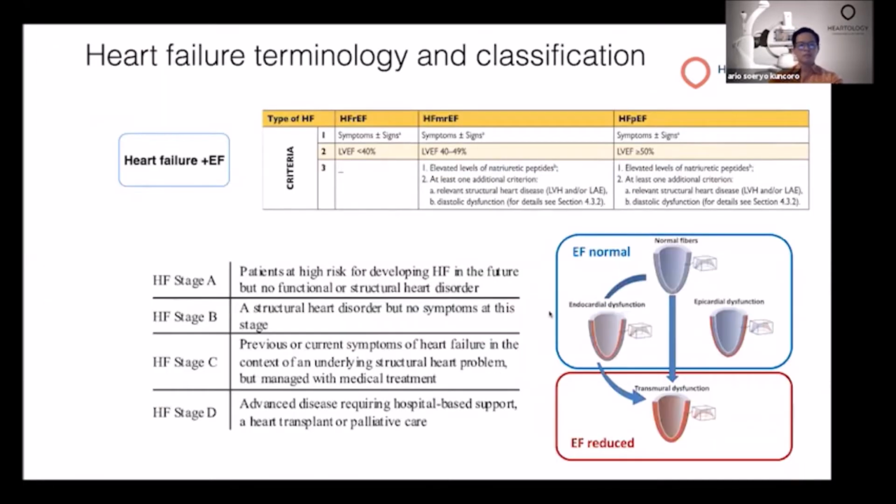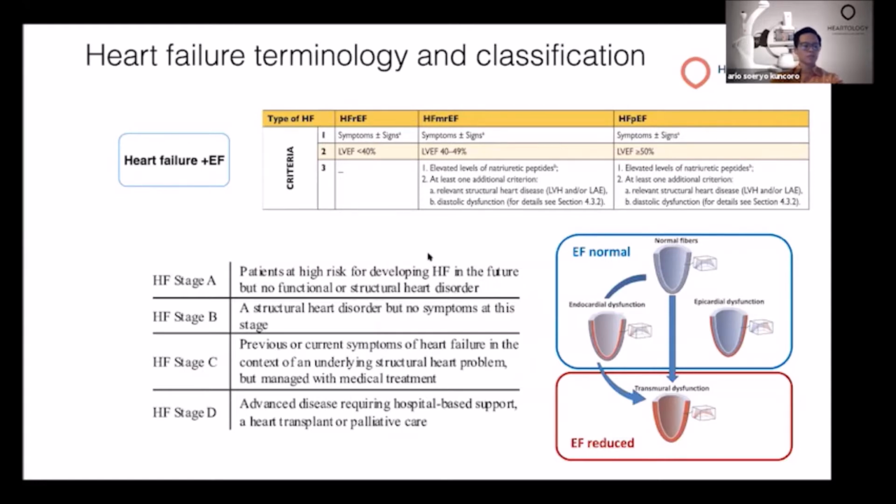Okay, so I have already mentioned that there is terminology of heart failure and classification, and it is important to point out that it is based on the ejection fraction, which is a parameter mostly generated by the echo, which is easy, and it has been well known for quite a long time that the ejection fraction is used as a means to differentiate patients with heart failure.